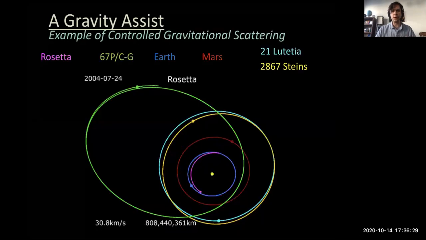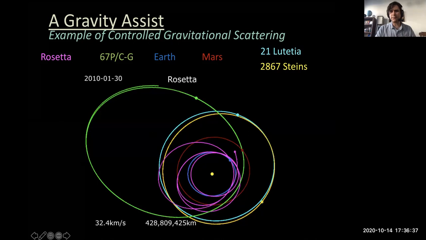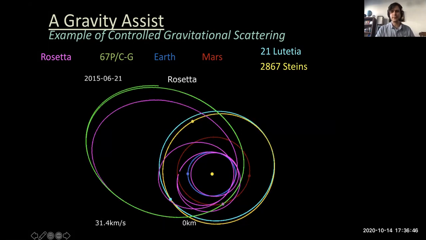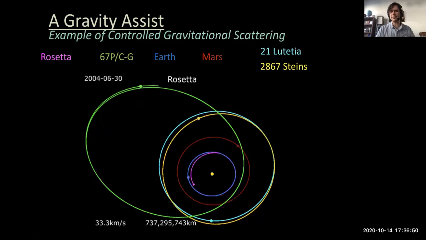And this is for the spacecraft Rosetta in pink. And it's interacting with, say, Mars right there, getting a gravitational assist from an asteroid, gravitational assist from an asteroid, and then it reaches its target of 67P Churyumov-Gerasimenko. So we use a series of controlled gravitational scattering events to alter the orbit of the spacecraft. Notice that its orbit is getting increasingly eccentric.